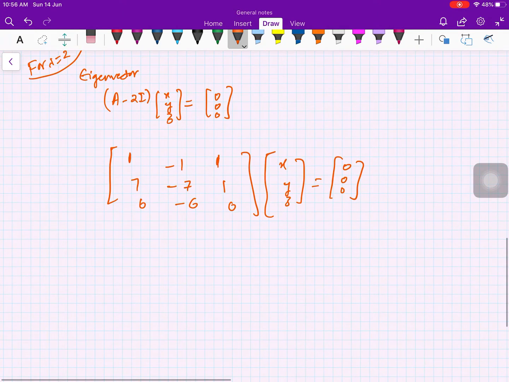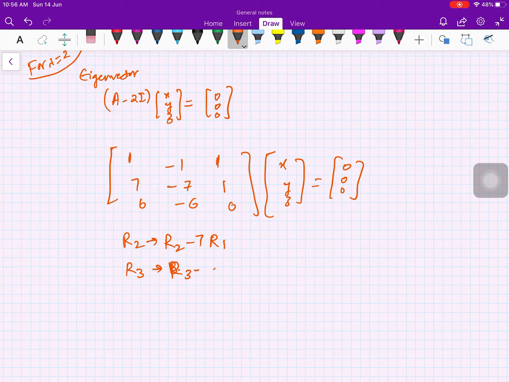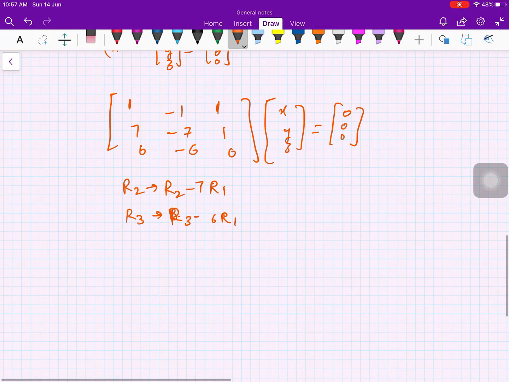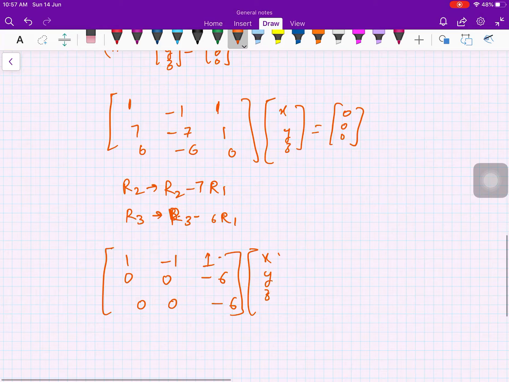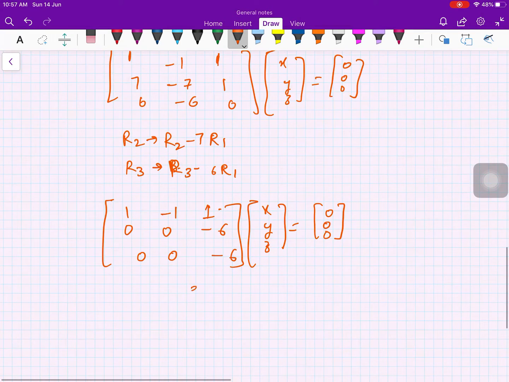Then you have x, y, z equal to 0, 0, 0. This is the system you will get.